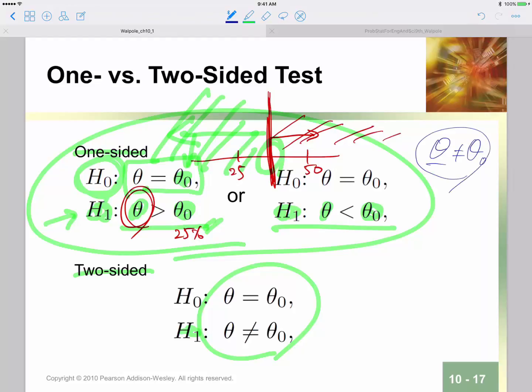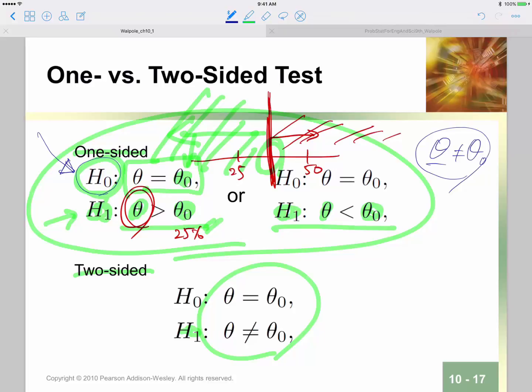So in hypothesis testing, we have to decide whether we can claim that this H0, the null hypothesis, is false. The task is to determine whether to reject or not reject this null hypothesis, right?